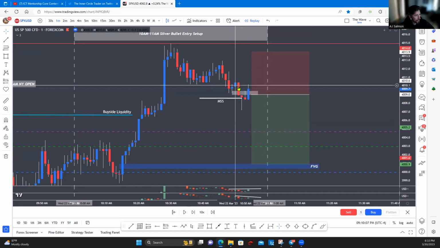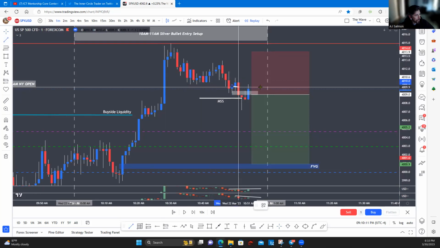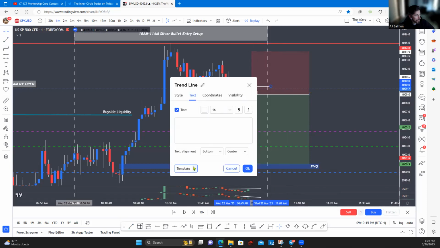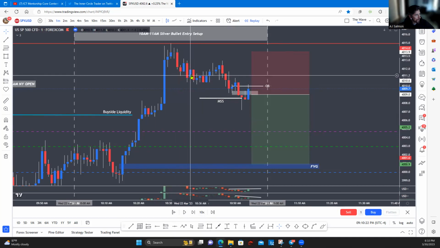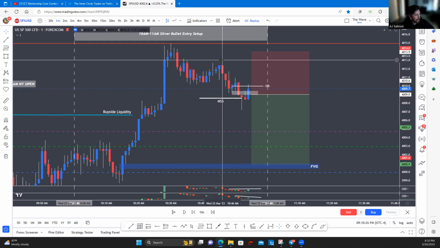See, price comes back up and rejects. Why is it rejecting? We actually have a small order block right here. Four-hour order block. We also have this high, low, higher high, and then we start trading underneath it.